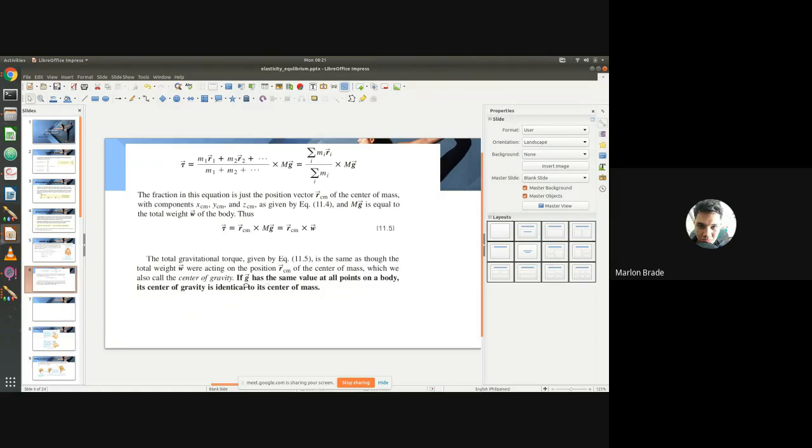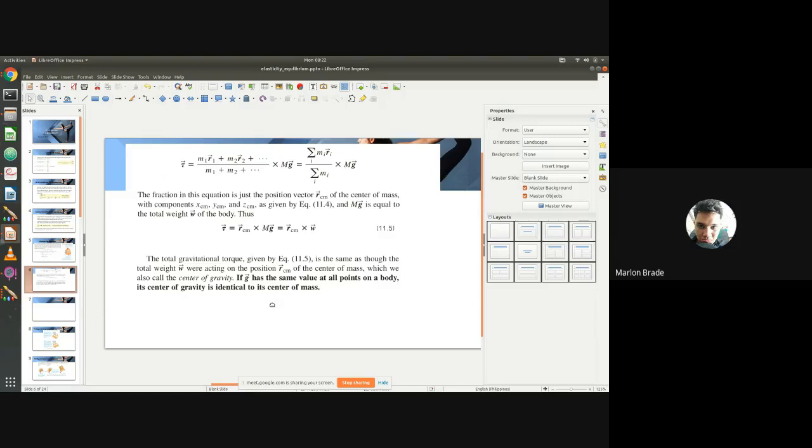Now, kung ang acceleration due to gravity is the same value at all points on the body, its center of gravity is identical to the center of mass.